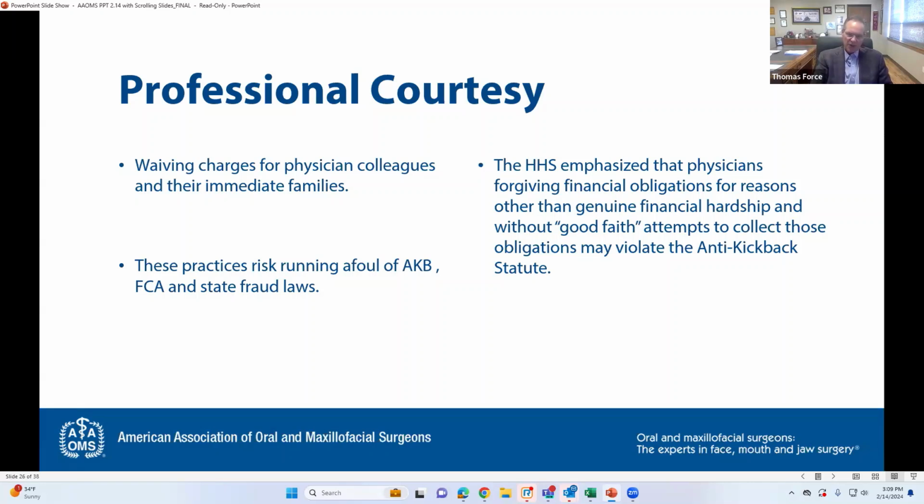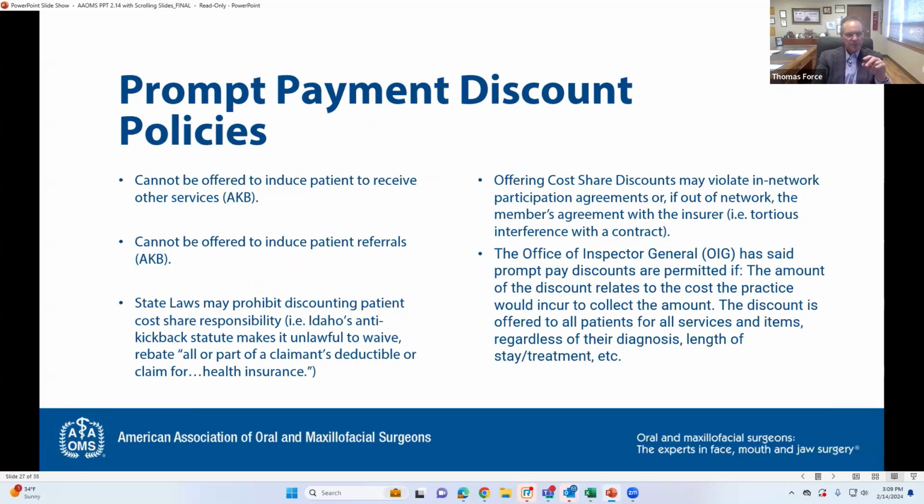We talked about professional courtesy, which every practice at some point has to deal with. We talked about the safe harbor that only relates to inpatient at hospitals. So I don't think that's going to really be an exception. It's not going to apply most of the time. But financial hardship, professional courtesy, two big ones.